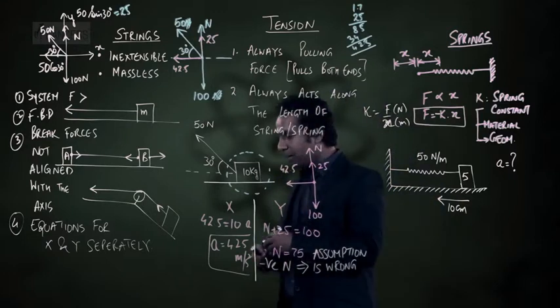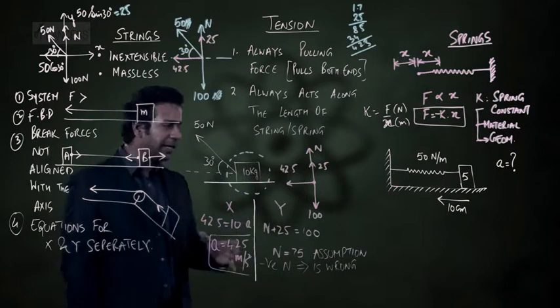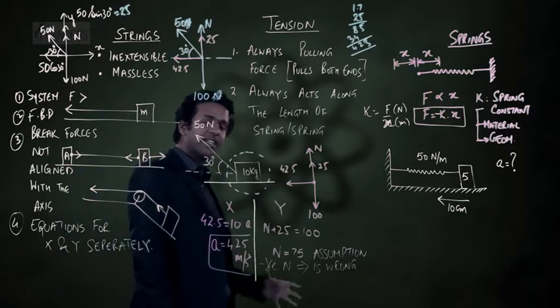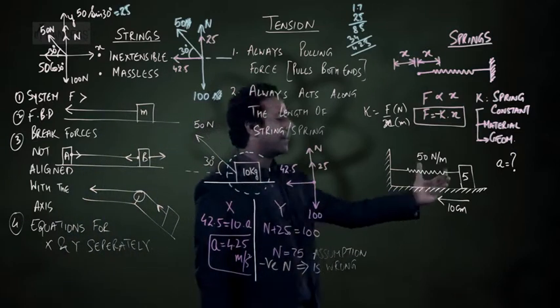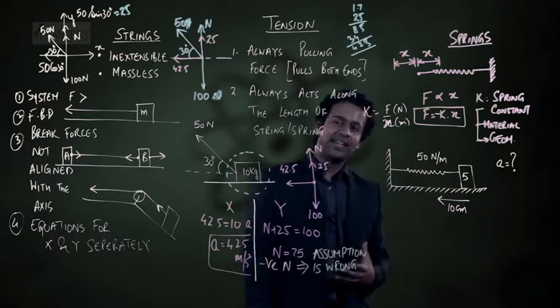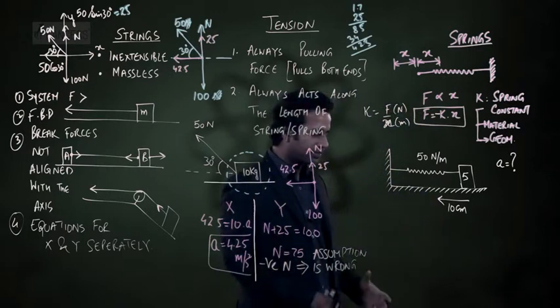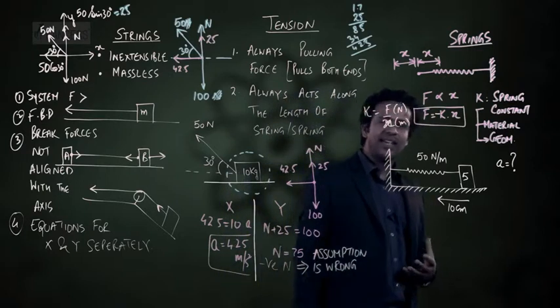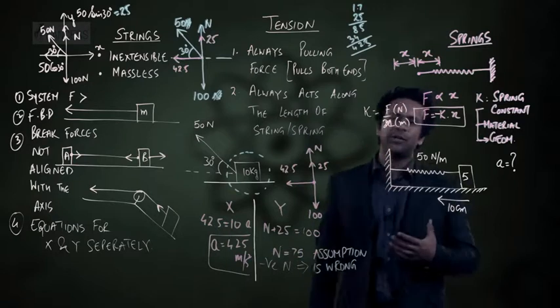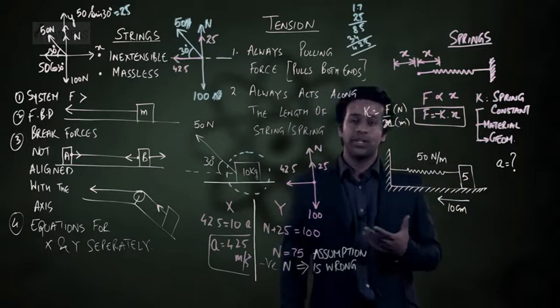So let me repeat the problem. We have a spring of spring constant 50 Newton per meter, a block of 5 kg attached to it, and we have compressed the spring by 10 centimeters, and we have to find the acceleration right after the block is released. Right. So to find the acceleration, we obviously need to find the force which is acting on this block, because we already know its mass.